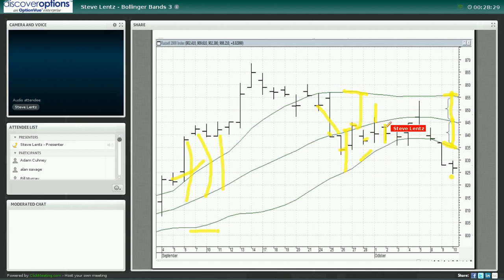The deviation will get less and less. It will get narrower. And so that's kind of how it goes. The bands get wider and narrower as price deviates from the mean, or the 20-day average in this case, more and more.